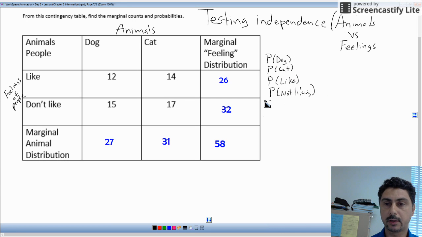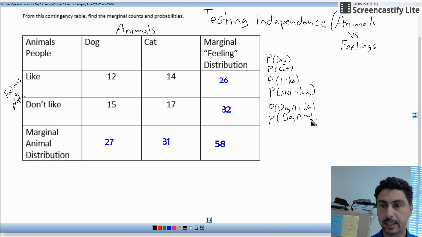So the next thing we're going to look at is the probability of having a dog and you like it. The next one you'll test is the probability of having a dog and you don't like it. Notice the little squiggly here means it's a not, don't like. I just don't want to write it out, to move a little quicker.